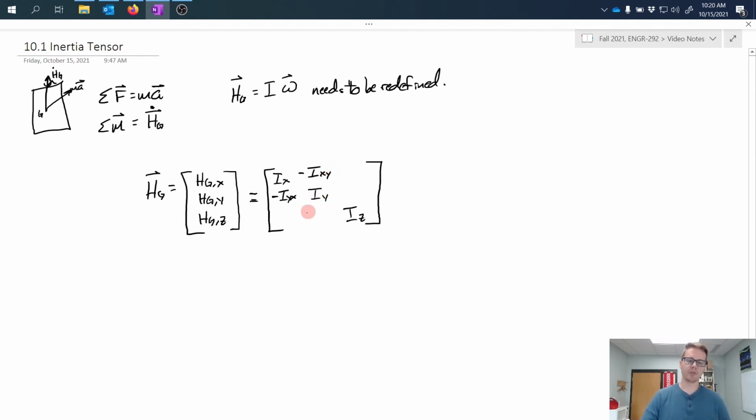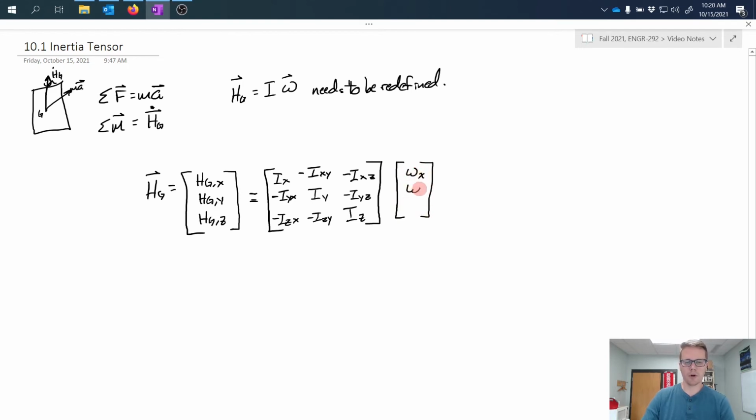So there is symmetry across this tensor, and I can fill in the rest of my tensor with the remaining terms in that form.